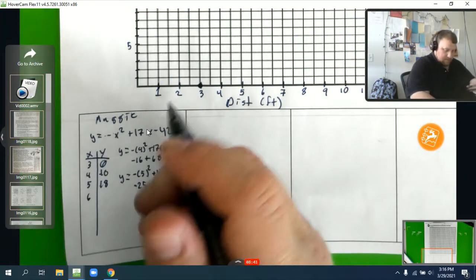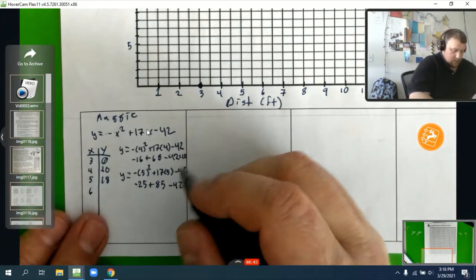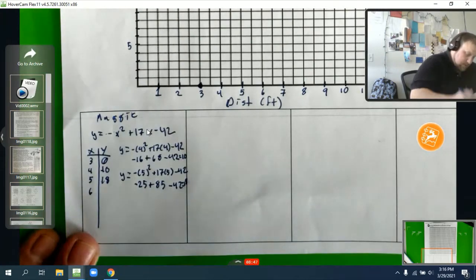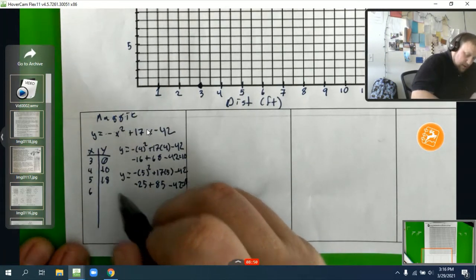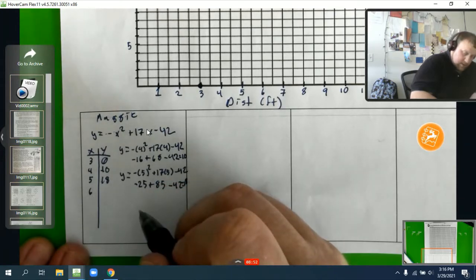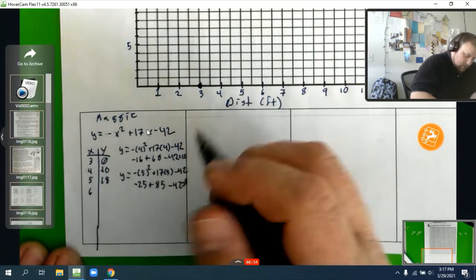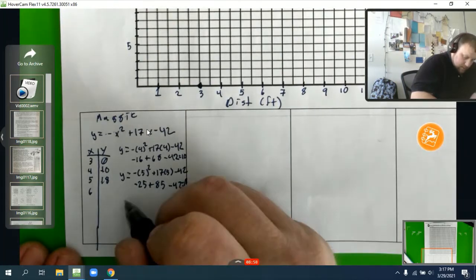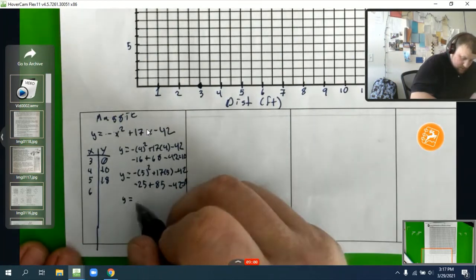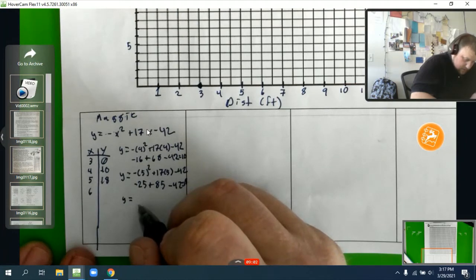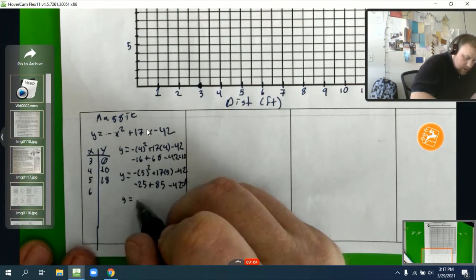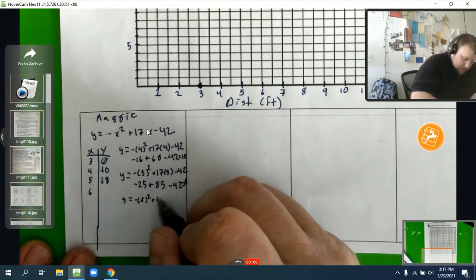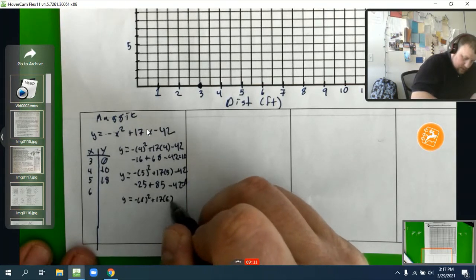Let's go to 6. At 6, what's going to happen here? I should probably start writing these numbers close together because I'm going to run out of room if I don't. But what do we have? We have y equals negative 6 squared plus 17 times 6 minus 42.